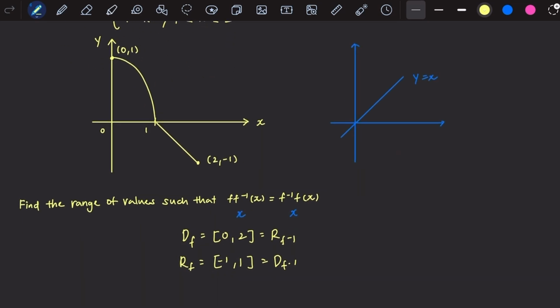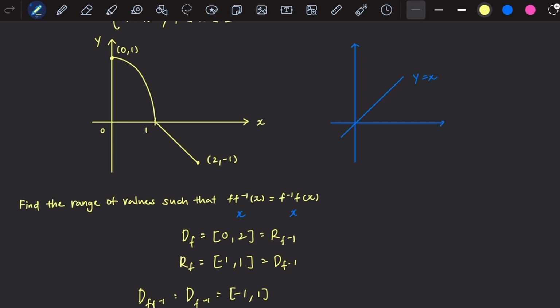Okay, so now let's take a look at this. The domain of f inverse is equal to -1 to 1. And for my other composite function, the domain of f inverse of f is equal to my domain of f, which is 0 to 2.